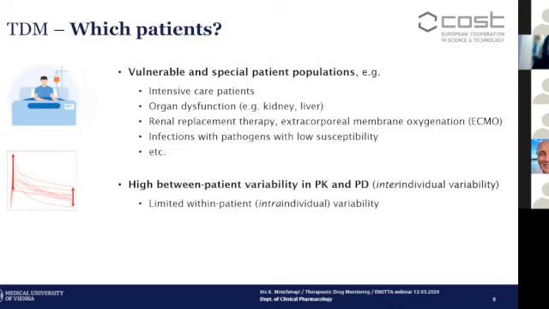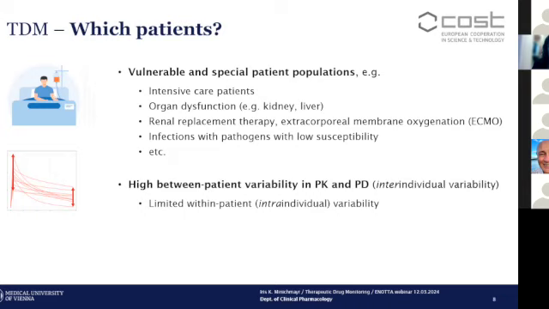TDM has been recommended for special patient populations like children, for example, and particularly for vulnerable patients, like critically ill patients or patients with kidney or liver dysfunction, or patients with renal replacement therapy, ECMO, or after organ transplantation. And it is also used in patients infected with difficult to treat pathogens that have a low susceptibility, so that we ensure sufficiently high exposure.